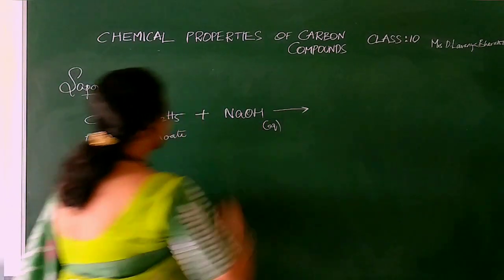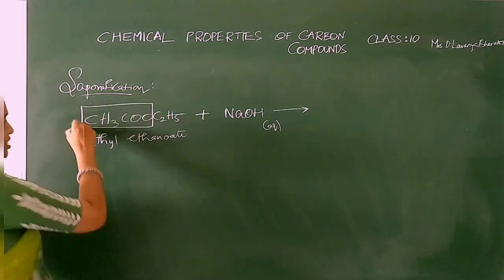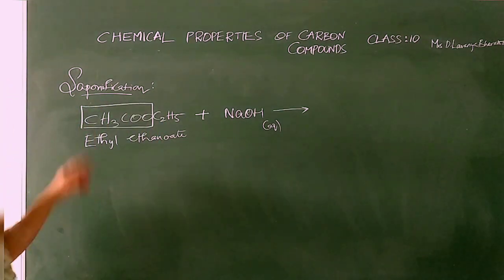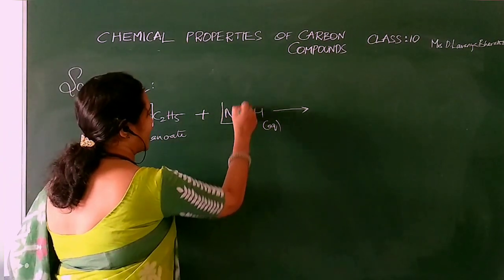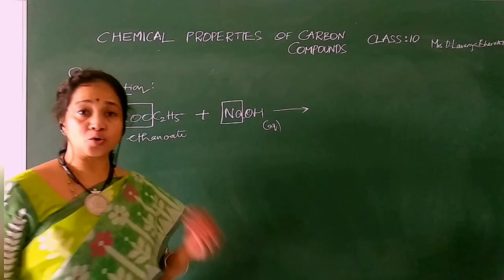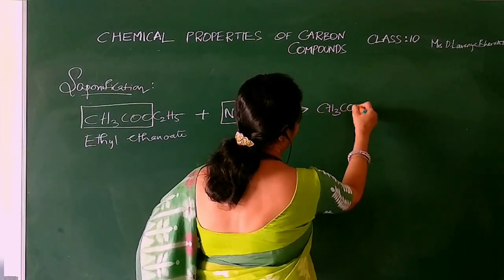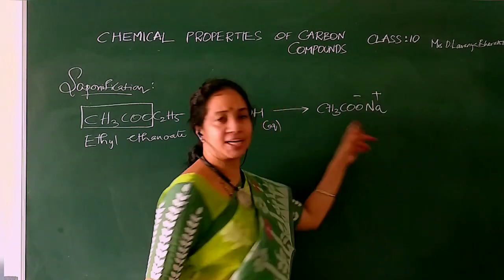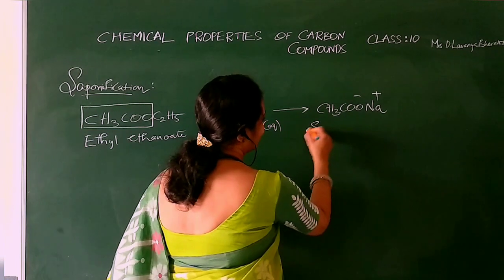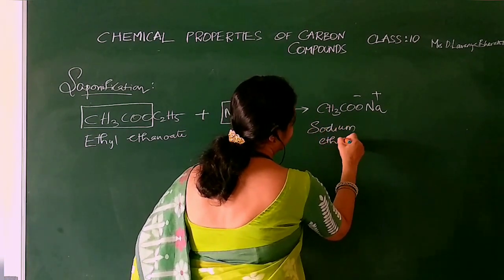Then, what is happening here? Please everyone see. This ethanoate ion, CH3COO minus, comes in contact with Na plus, such that a sodium salt is formed. So I am writing CH3COONa. Remember, here there is a negative charge and a positive charge. We call this sodium ethanoate.